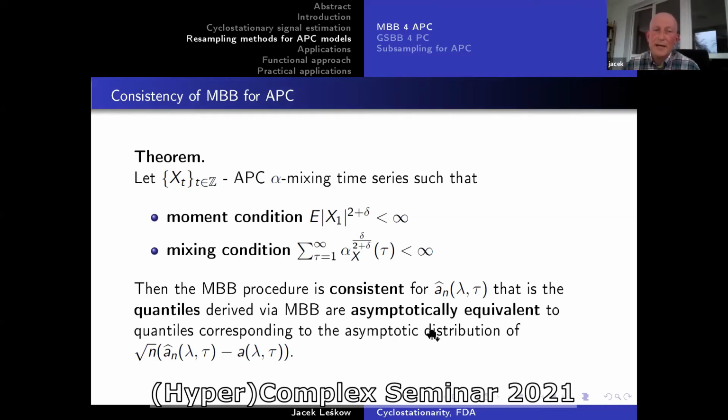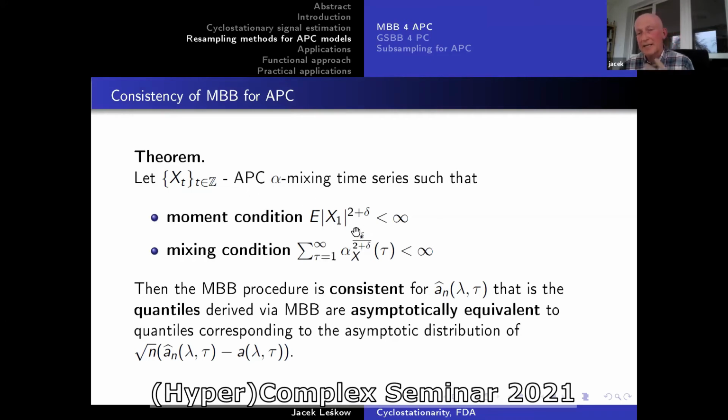What I'm presenting right now is the theorem established by my colleagues with some of my participation, but also with participation of my PhD student, now Professor Anna Dudek from Akademia Górnicza in Krakow. This is the theorem. The starting point is an APC alpha-mixing time series.